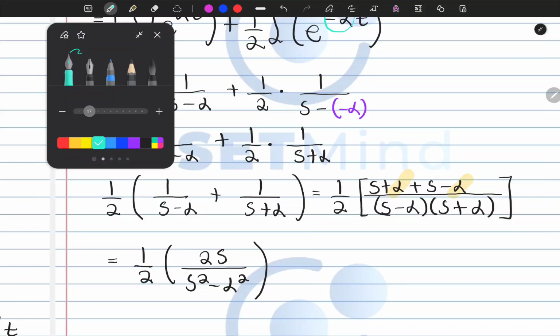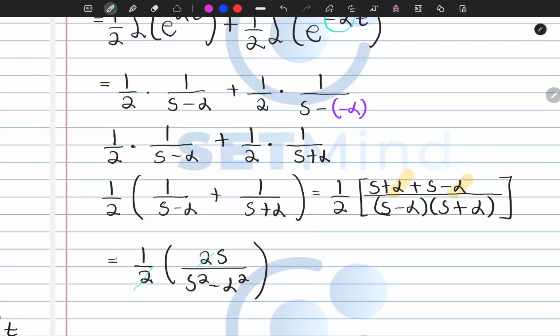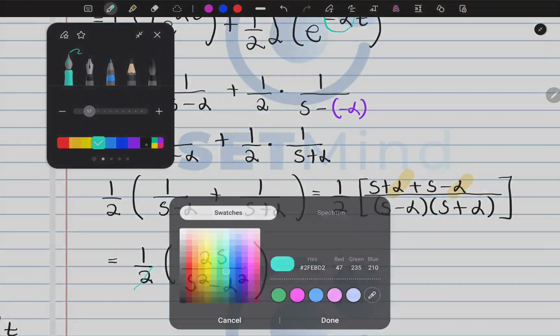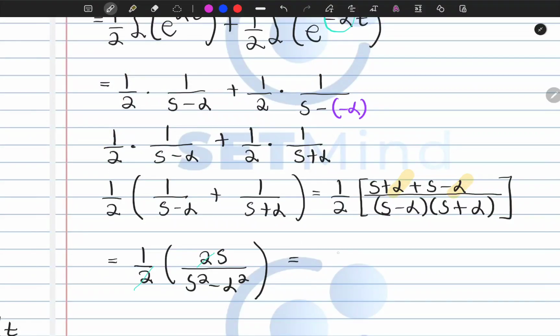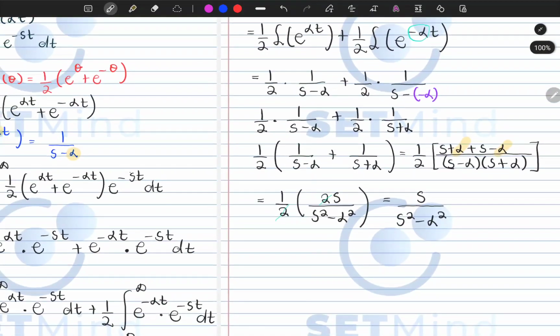And as you can see, there's going to be nice cancellation of terms there, leaving us with s divided by s squared minus alpha squared. So essentially, therefore, the Laplace transform of hyperbolic cosine of alpha t is equal to s divided by s squared minus alpha squared.